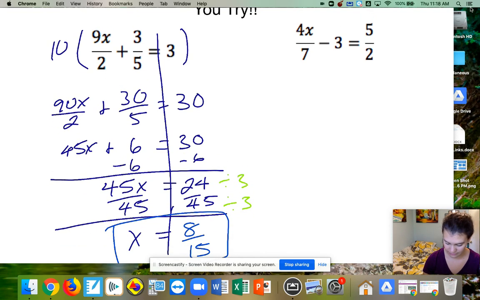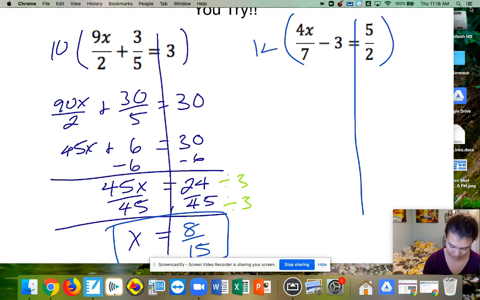All right, next one. Here, even though we have the fractions on both sides, it's going to be the exact same process. So multiply both by 14. We'll get 56x over 7 minus 42 equals 70 over 2.